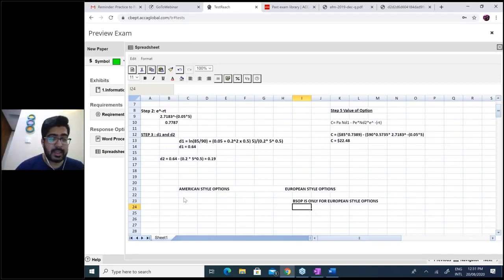For American style options, we use an approach called binomial approach, but that is not a part of your P4 exam. That's why you don't need to panic that you haven't heard of binomial anytime in your studies. So binomial approach is not a part of your syllabus. That means American style options can't come in your exams. Only European style options can be tested.